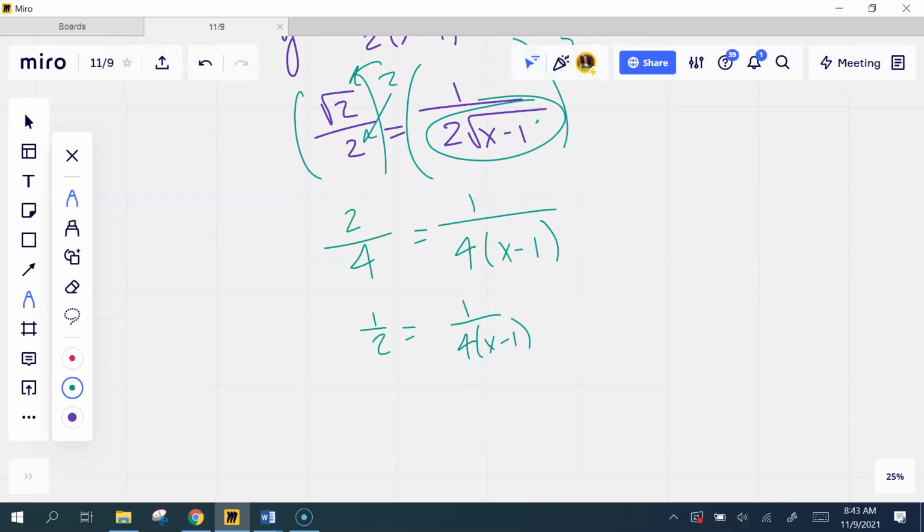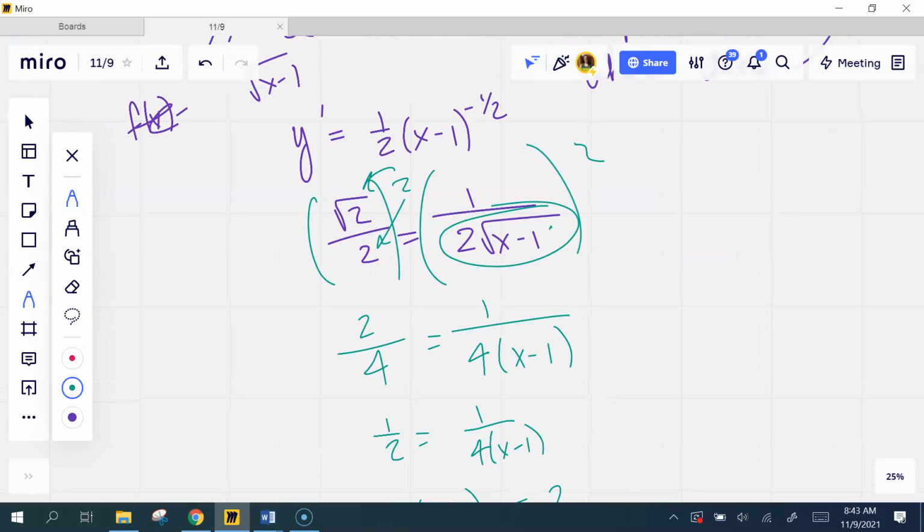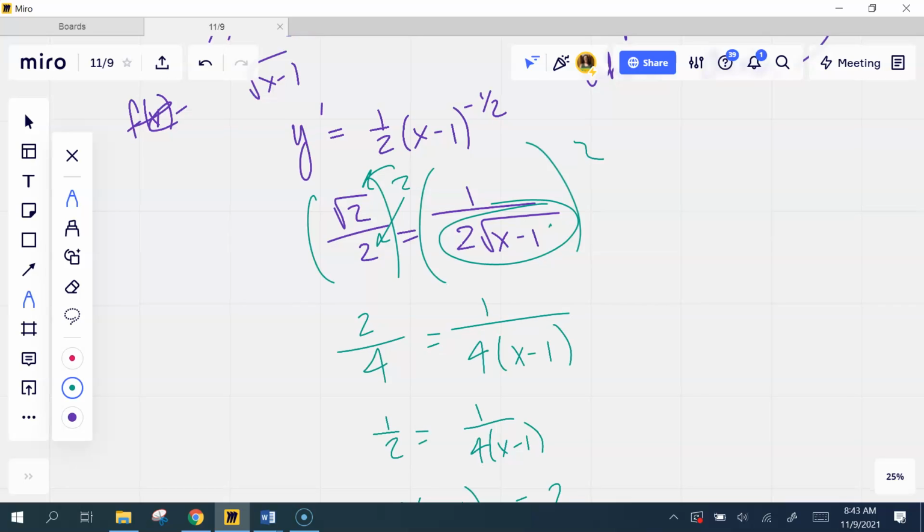And now you could cross multiply. What's confusing you? It's the algebra. It's always the algebra. So what you did was you flipped. How did you get the one at the top? You flipped it.